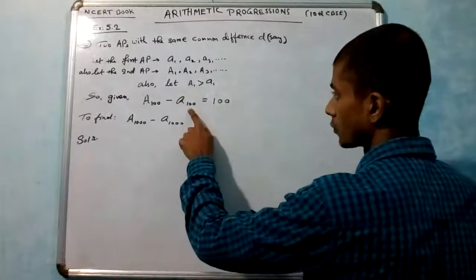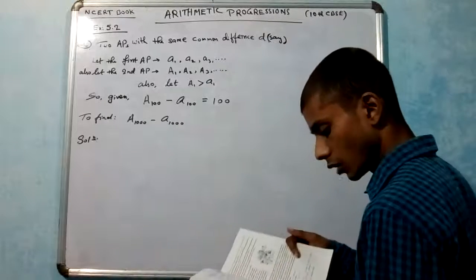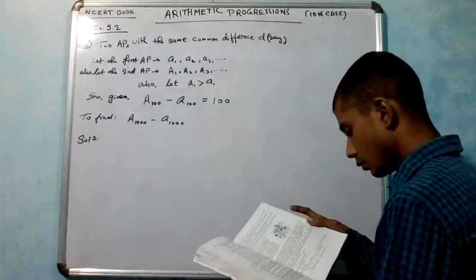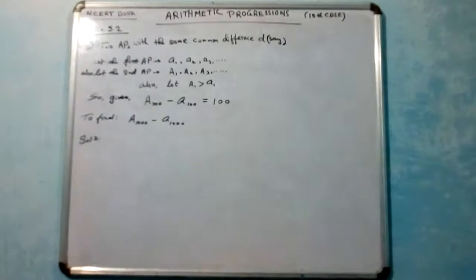So it is given that the difference of the 100th terms is this. It is asking to find the difference of the 1000th terms. How can we proceed and find it? Tell me.